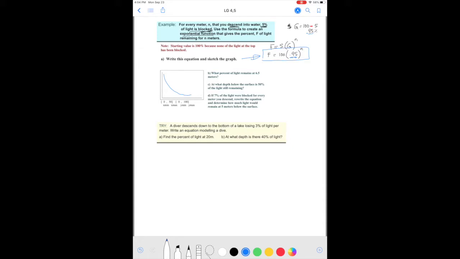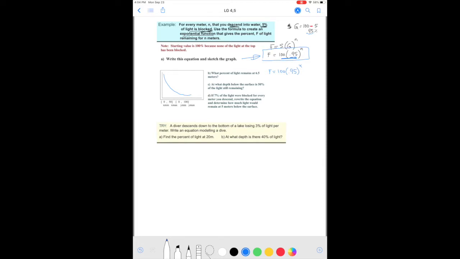So we would have to set this up in this formula. F equals 100 times 0.95, and then we put in our value of x, because we don't know, or n, doesn't really matter.